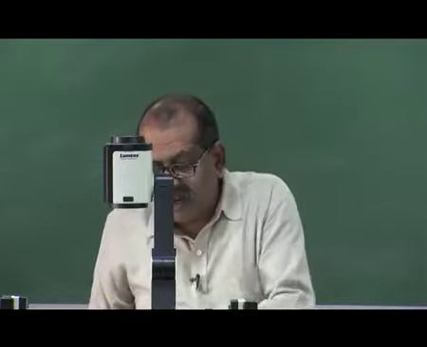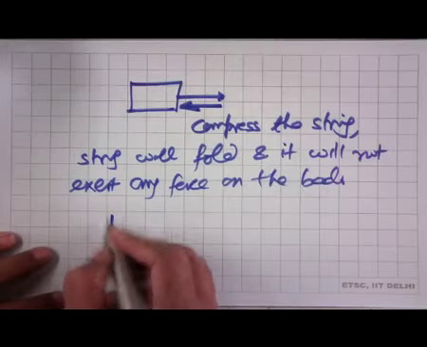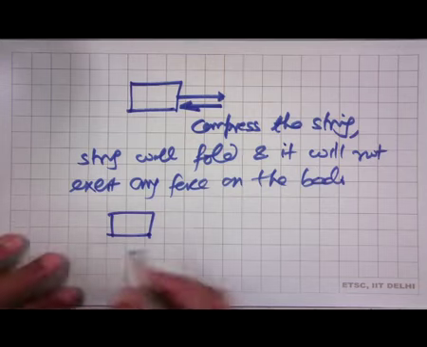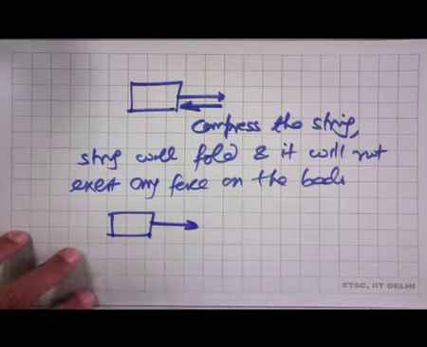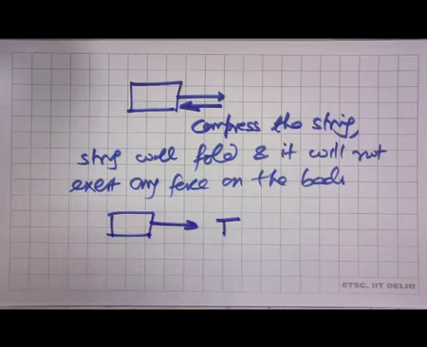So, therefore, whenever we have strings, we show the force due to the string on the body. If this is the string like this, and this is a body, the string is tied like this, this force is what we call the tension in the string.